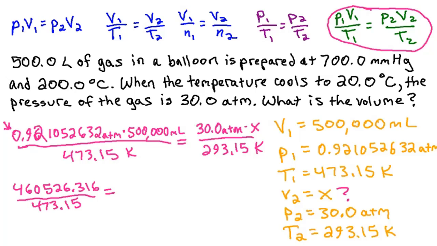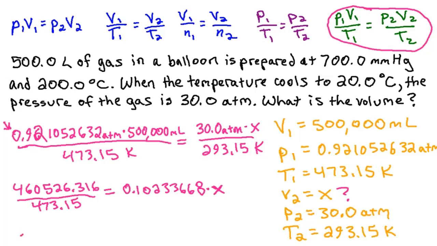So let's take 30.0 atmospheres divided by 293.15, and we get 0.102336668, times X. Now let's solve this left-hand side, 460526.316 divided by 473.15.